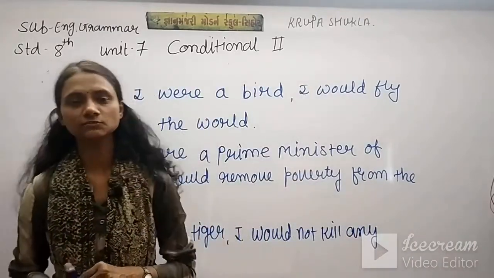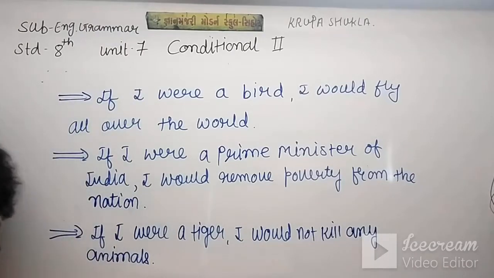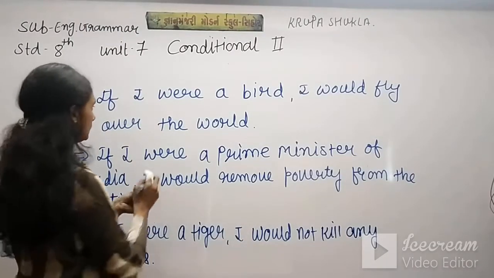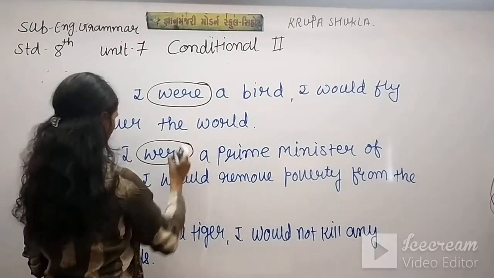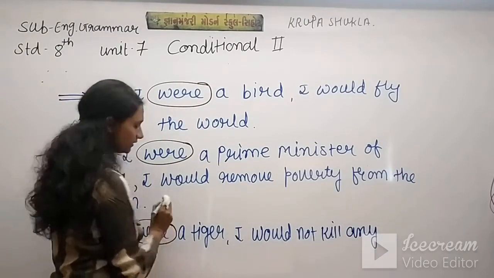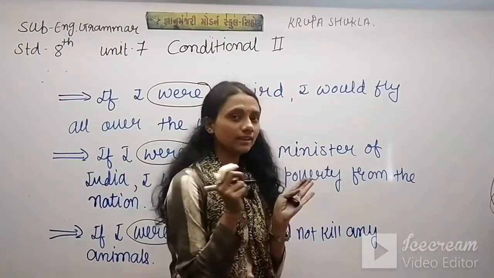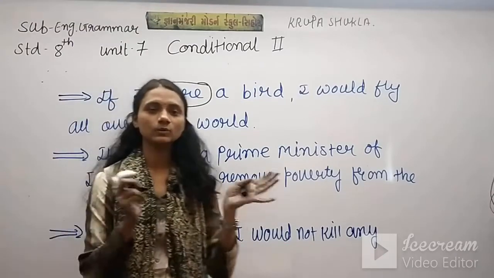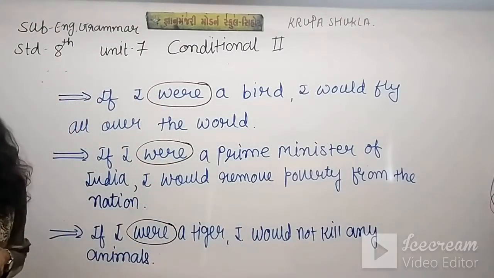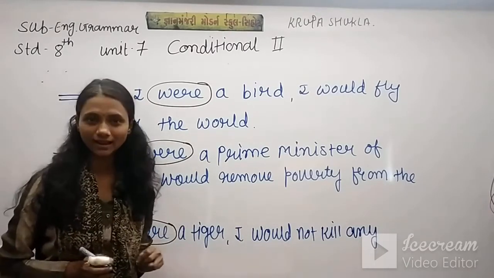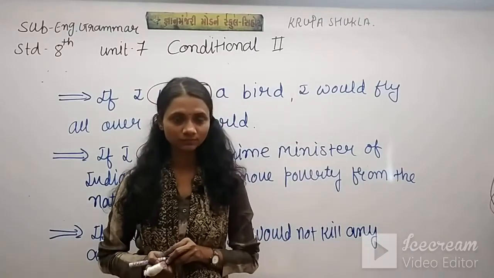The little difference we have in these sentences is here I have used the word were with I. Generally we use was with I, means I was a teacher, I was in the school, I was in the farm, but here I used were with this. Why did we use were with I here? Because these are imaginary sentences.